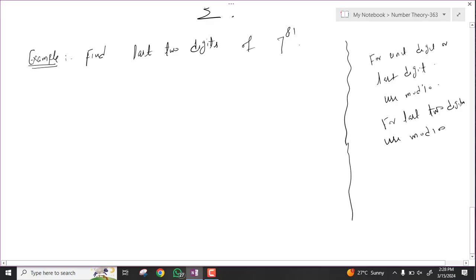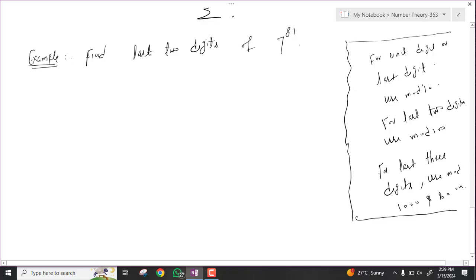And for last three digits, use modulo 1000, and so on. So here we will directly use Euler's theorem. First of all, we will take this example: find last two digits of 7 power 81. I will write down its solution.